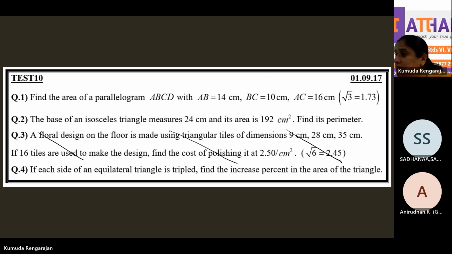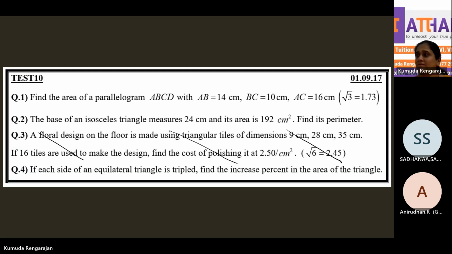How much? 40 root 10. Root 3. Yes. 6,920.